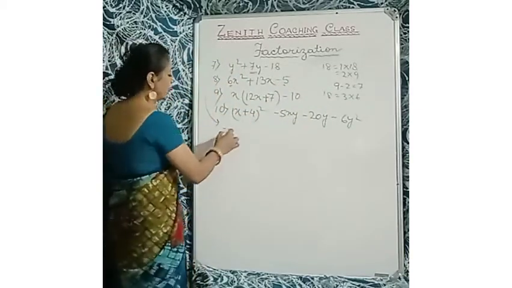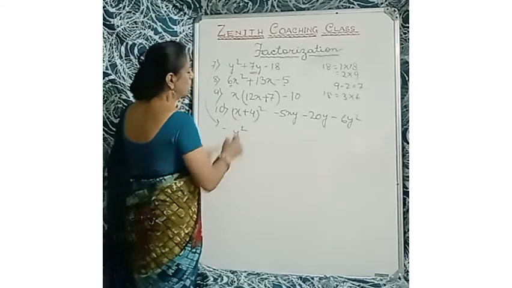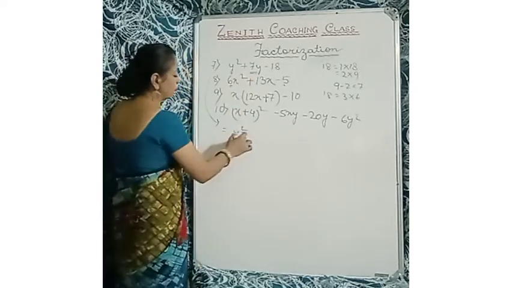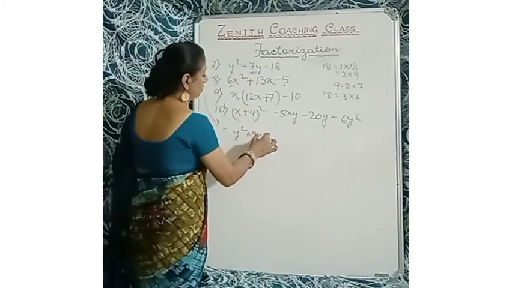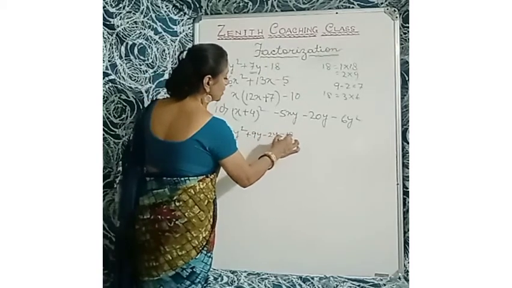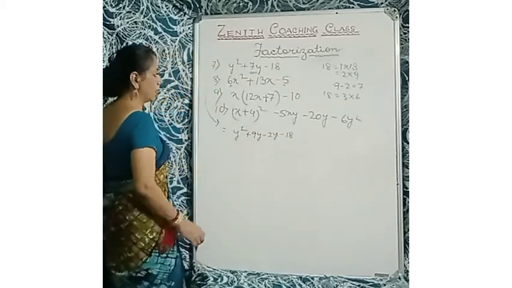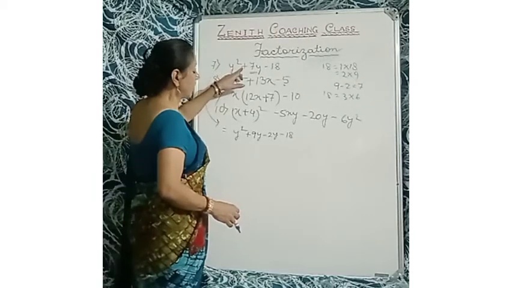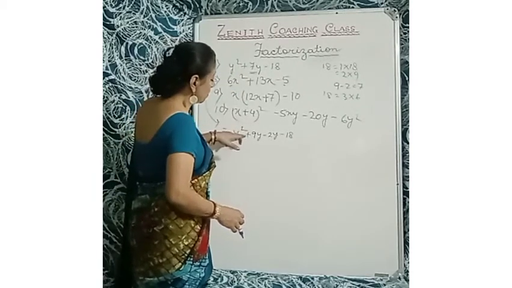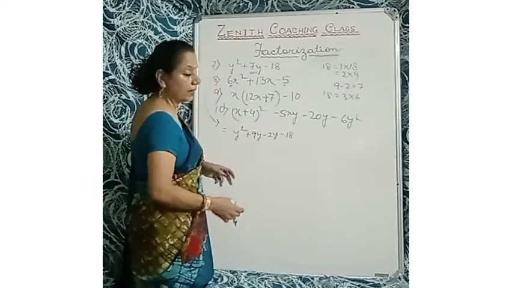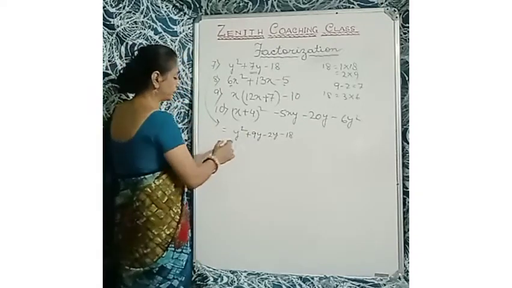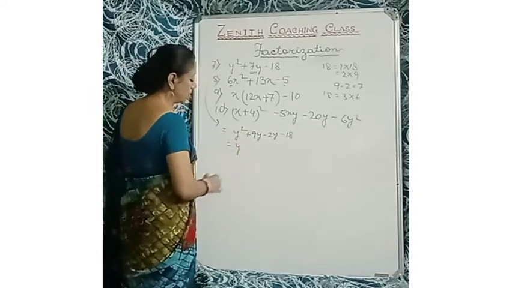Okay. So you will write y square. Here is a plus sign. So plus 9y minus 2y minus 18. If there is a minus sign here, you should take minus 9y plus 2y, then that would be minus 7y. y is common here.